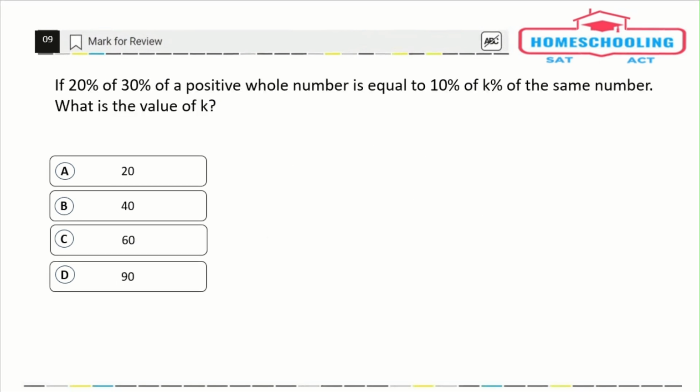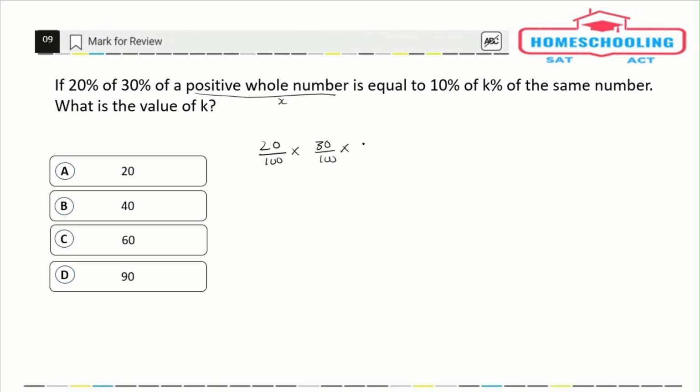In this question, it is said that if 20% of 30% of a positive whole number. So let's write the equation: 20% of 30% of a positive whole number.